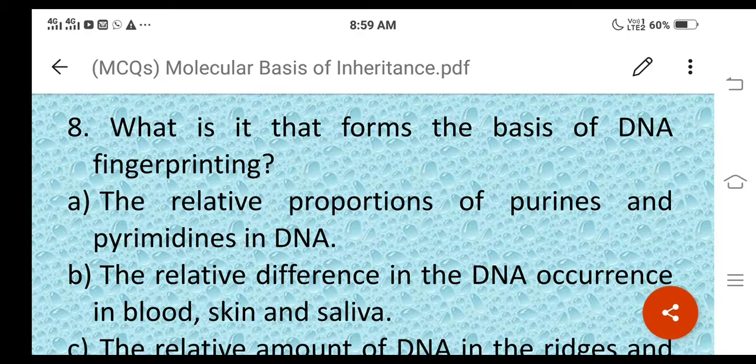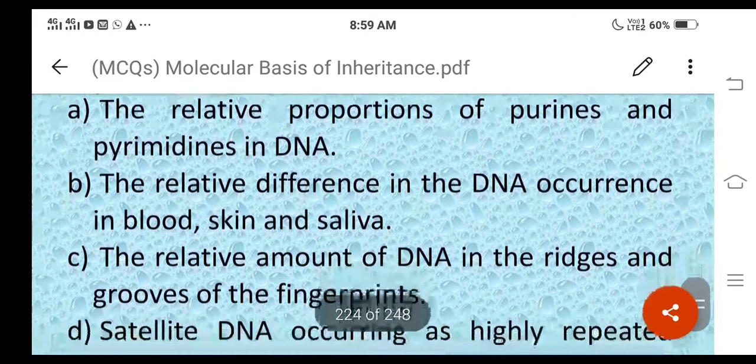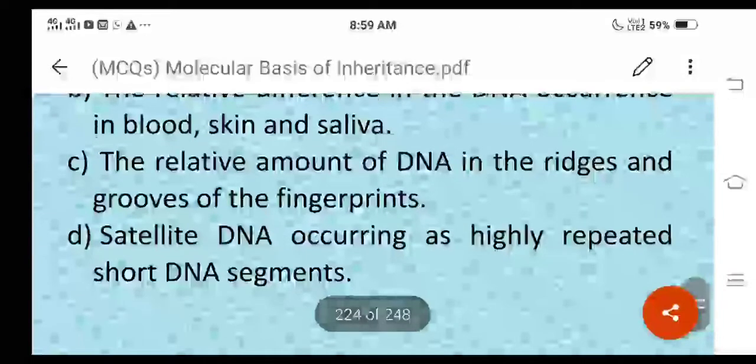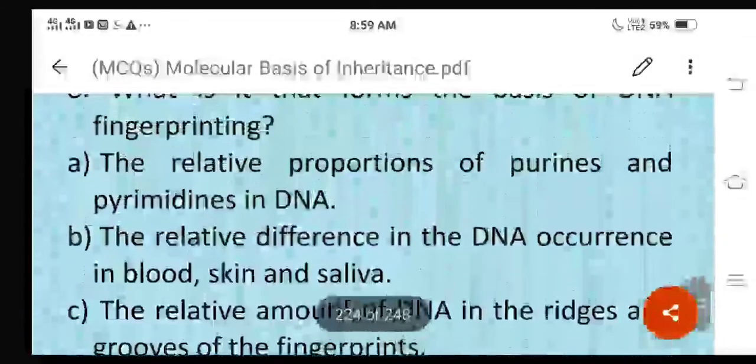The different statements are like this: the relative proportions of purines and pyrimidines in DNA. Then the next option is the relative difference in the DNA occurrence in blood, skin and saliva. Then the next one is the relative amount of DNA in the ridges and grooves of the fingerprint. Then satellite DNA occurring as highly repeated short DNA segments, right?